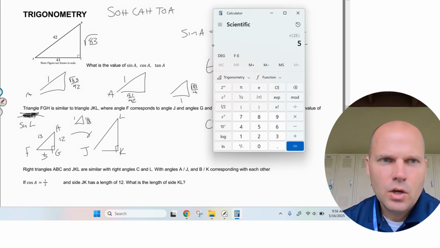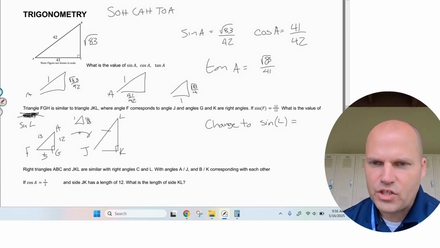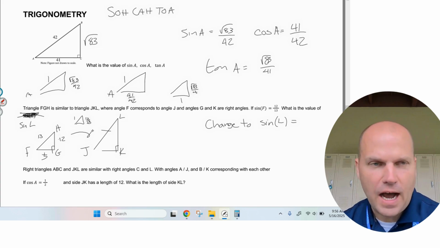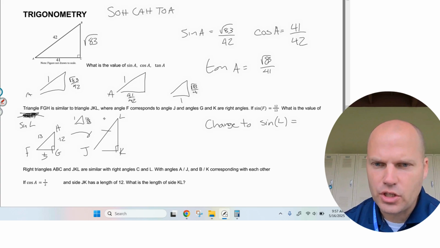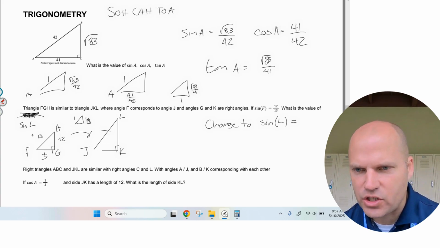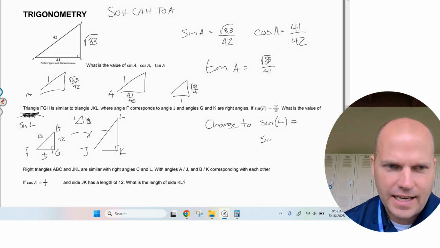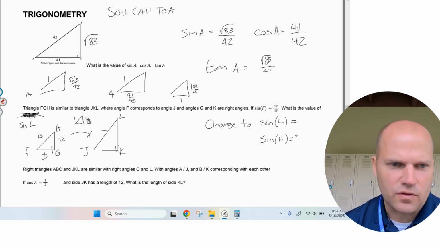And I don't care what the scale factor is, whether it's 2, 5, a half, a third. The ratios, the trig functions of this triangle are the same as the trig functions of this triangle. The sine of L has to be the sine of H, and the sine of H is 5/13.